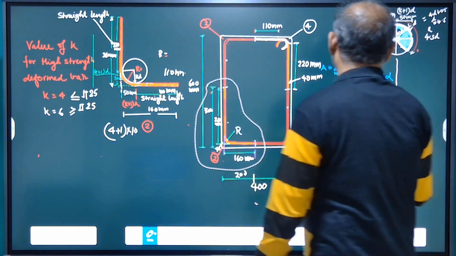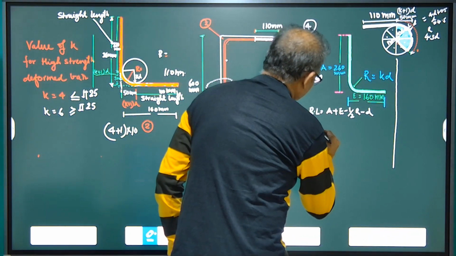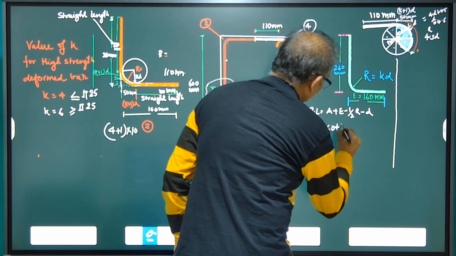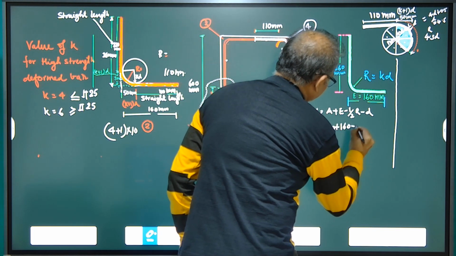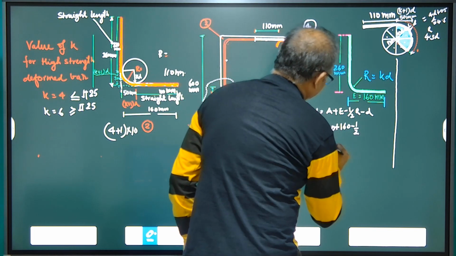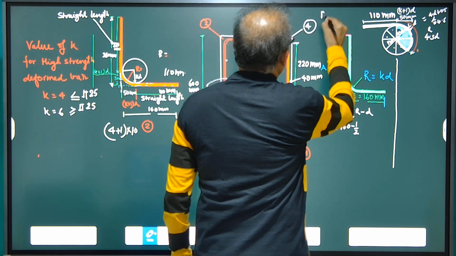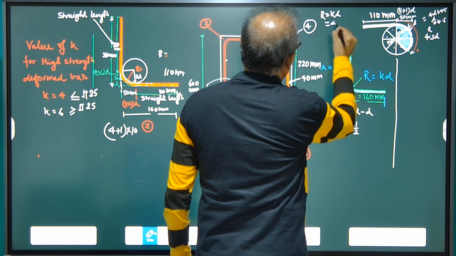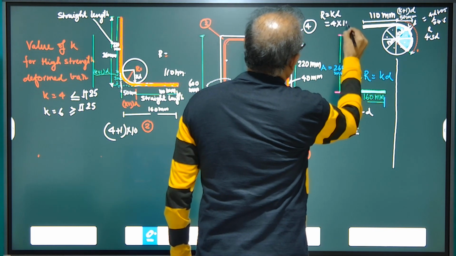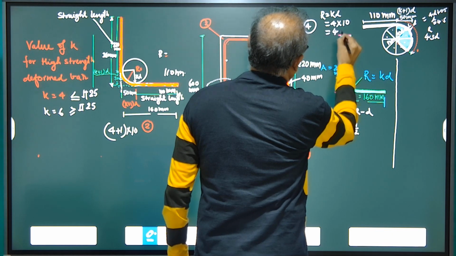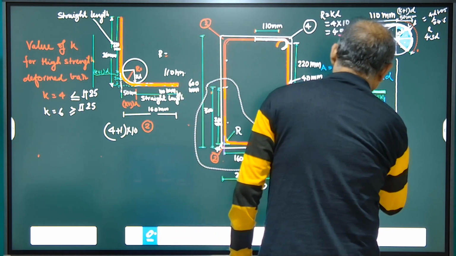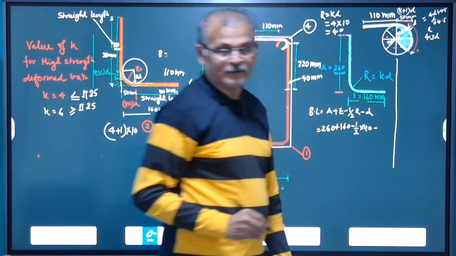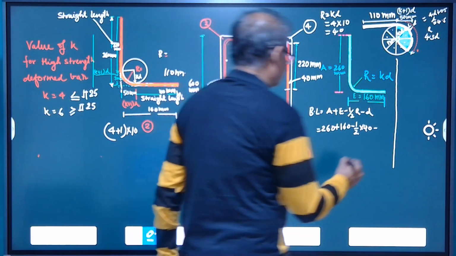So let us input this 260 mm plus 160 mm minus half. R is nothing but K into D, where K is 4 and diameter is 10. So R will be 40 mm. So half into 40 mm, minus 1 diameter of stirrup, that is 10 mm.